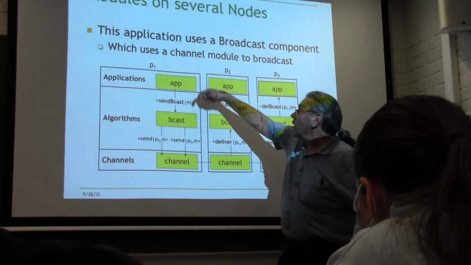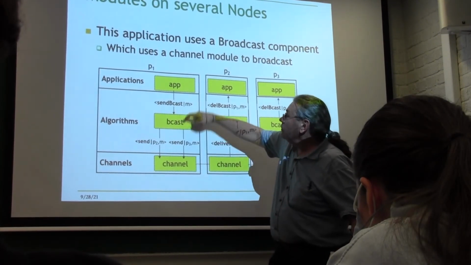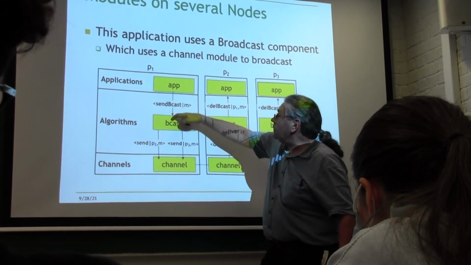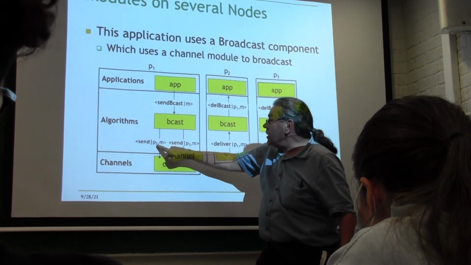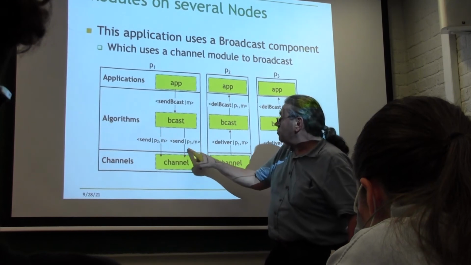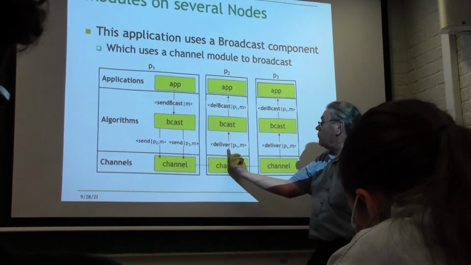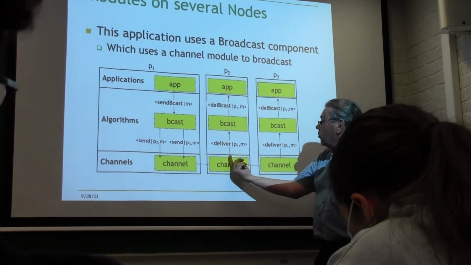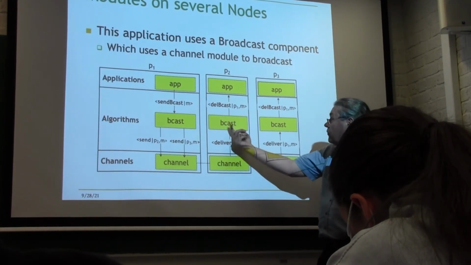So for example, this is a broadcast. I say I want to do a broadcast of M. This one will send M to P2, M to P3. This one will deliver. So the deliver will be what happens when the message arrives.